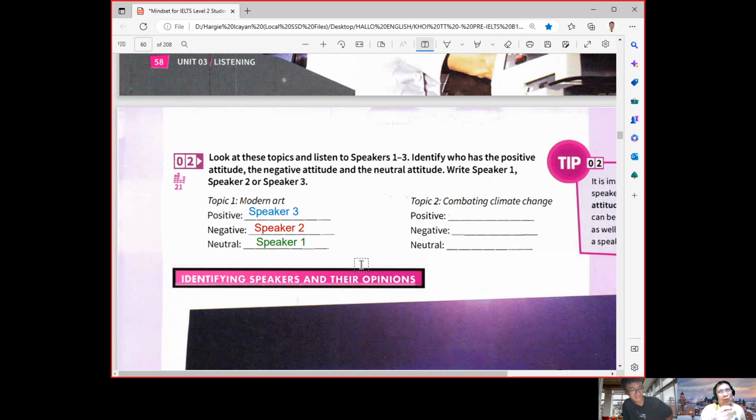Okay, so it's just neutral because she was able to mention the positive one and the negative one. It's just personal taste, only neutral. Okay, she's in between, whether negative or positive. That's why speaker 1 is neutral.